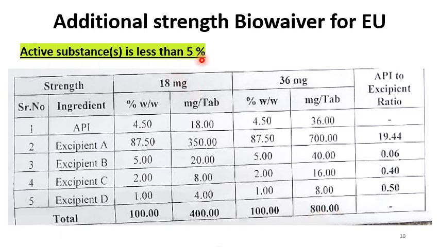Here, the active substance is less than 5% of the total formulation weight, but the two strengths are dose weight or dose proportional, or you may also call it scale up scale down formulation. Here also the API to excipient ratio is the same for both the strengths. And this type of formulation can easily pass the criteria for additional strength biowaiver as per the EU guideline.